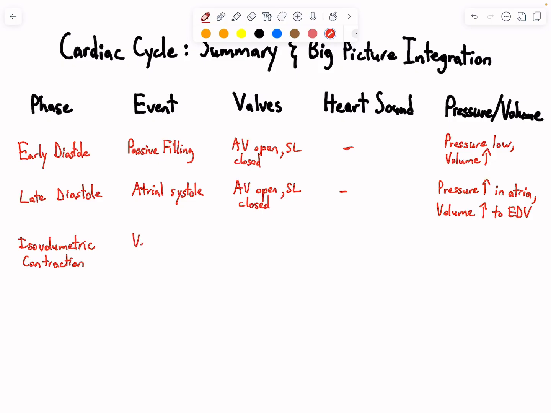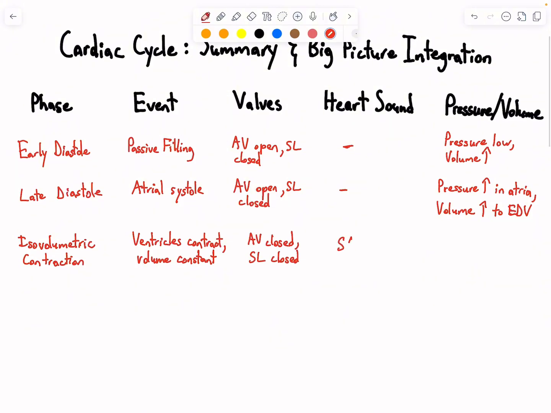Isovolumetric contraction occurs when the ventricles start contracting. All valves are closed. Volume remains constant, pressure rises, and we hear the first heart sound, S1.